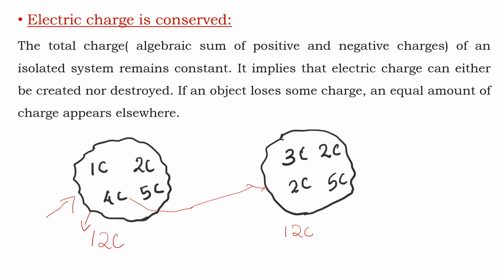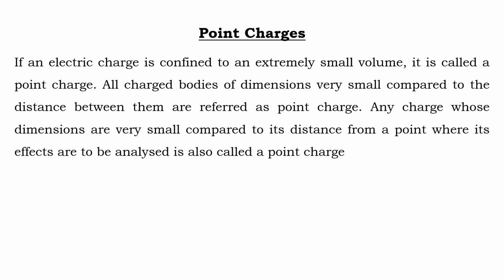So if an object loses some charge, an equal amount of charge appears elsewhere. That is the concept of electric charge as conserved. That is, the total electric charge is conserved in an isolated system. And these are the properties of electric charges.